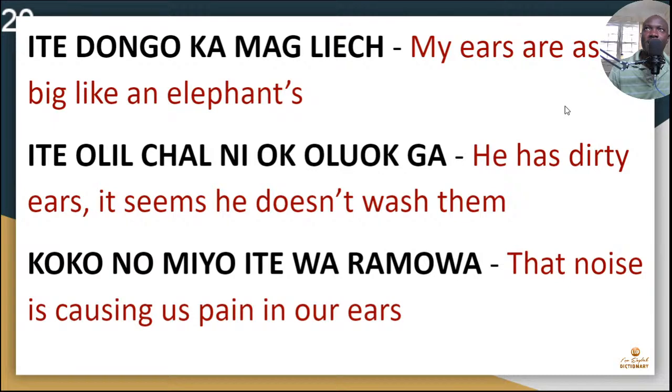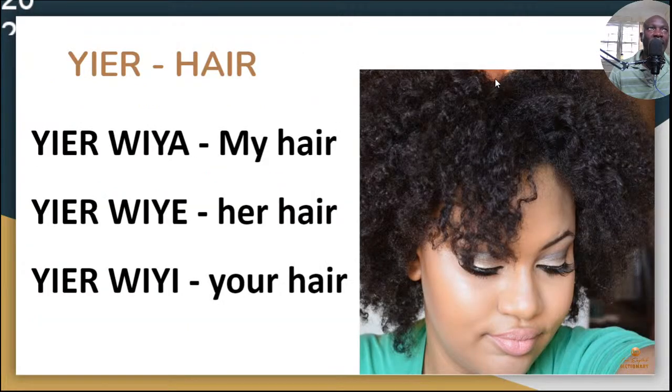Good. So the next part of the body is hair or YIER. Hair. So what does hair mean? In a sentence you can say YIER wiya.